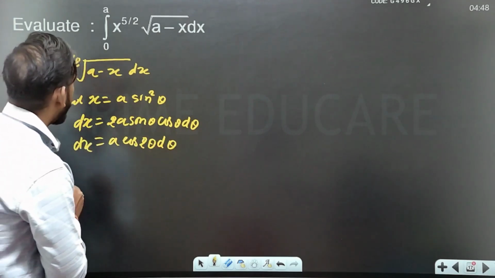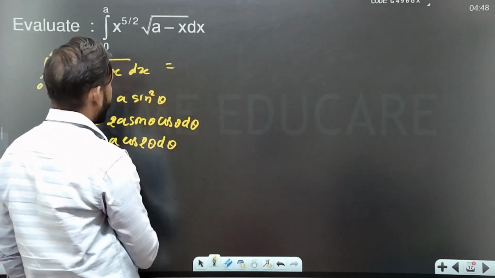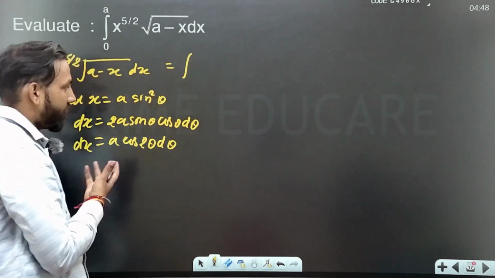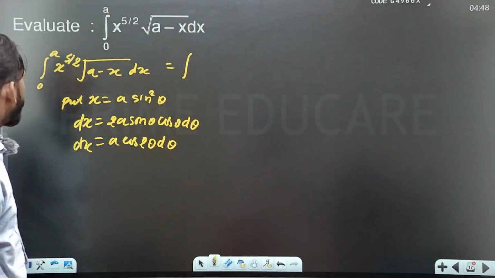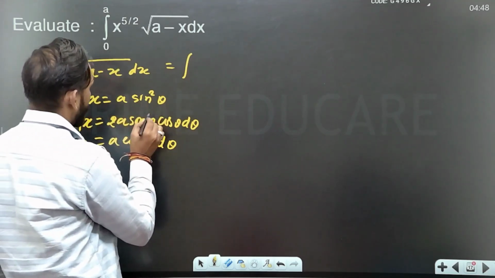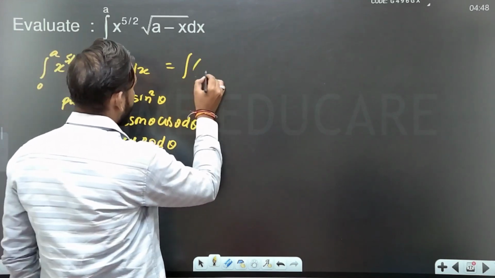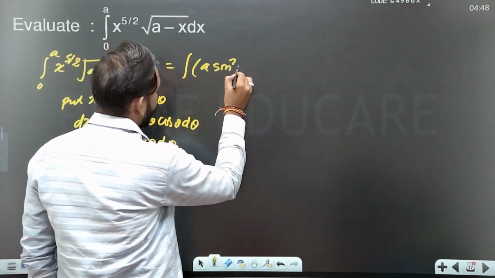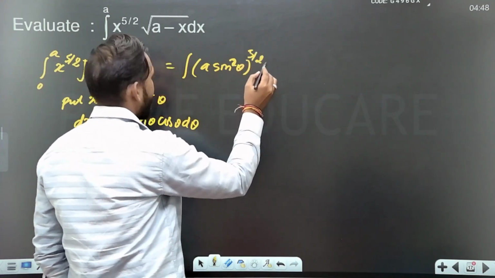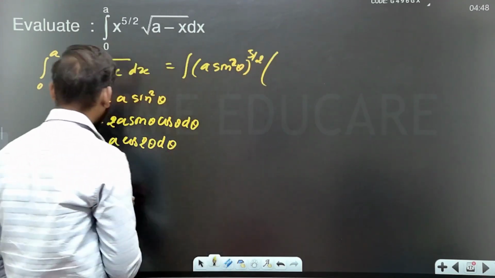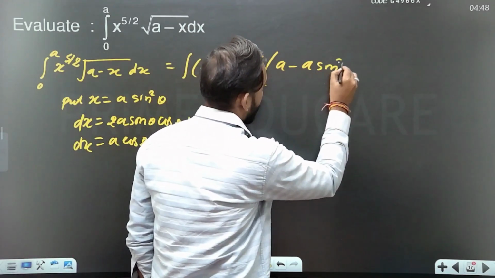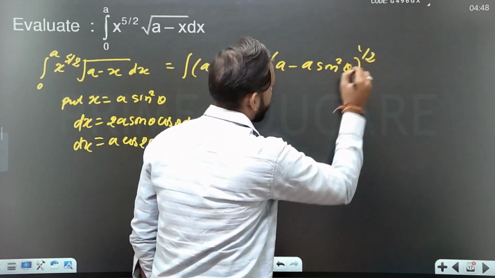Okay, now therefore we write here integration 0 to, we can change the limit. Now put here x equal to a sine square theta, then a sine square theta to the power 5 by 2, and a minus a sine square theta to the power half, right?